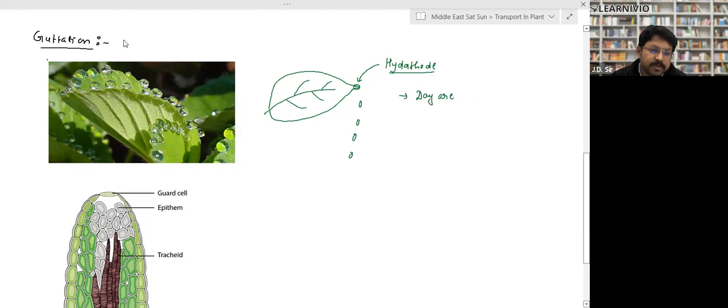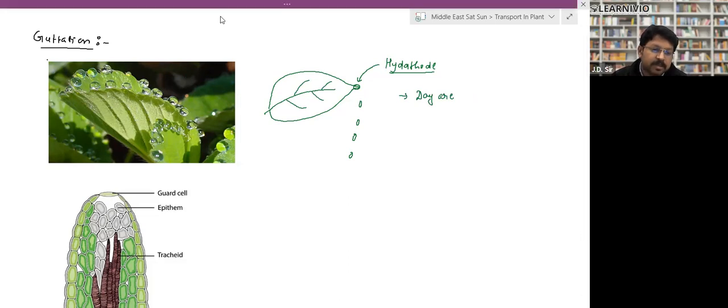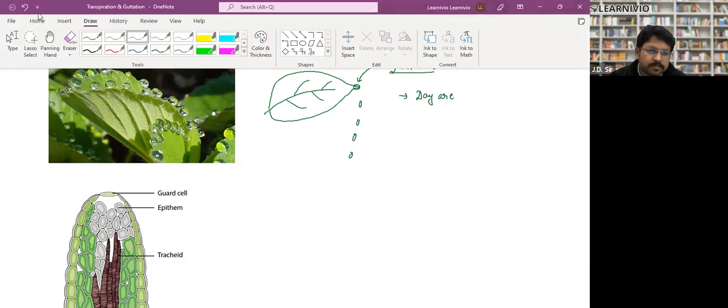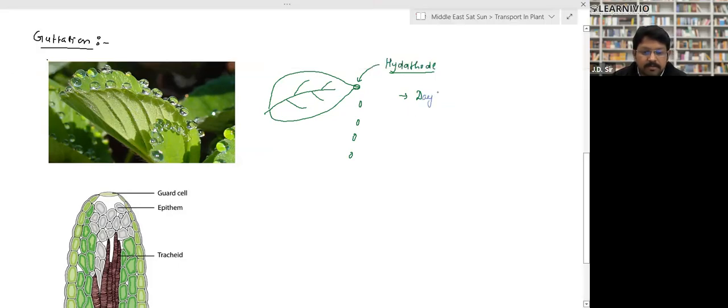The daytime temperature is very high, and nights are cooler. So there is a great temperature difference in those areas. Basically, they are the desert areas.